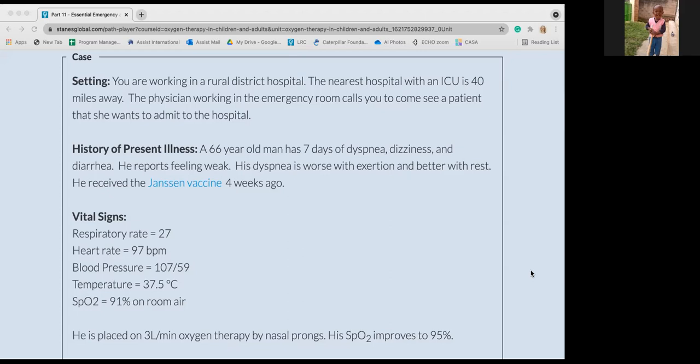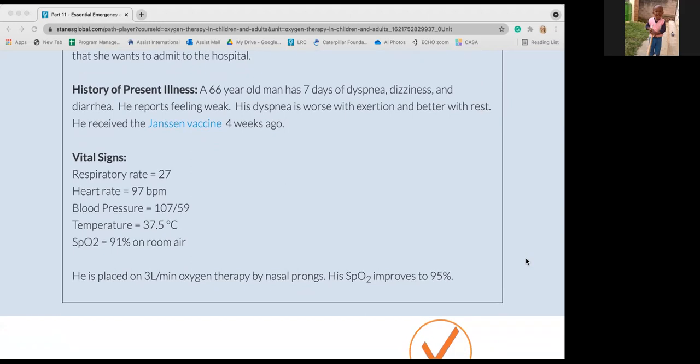Vital signs: respiratory rate 27, heart rate 97 beats per minute, blood pressure 107/59, temperature 37.5, SpO2 91% on room air. He is placed on oxygen by nasal prongs, and then the oxygen saturation improves to 95%.